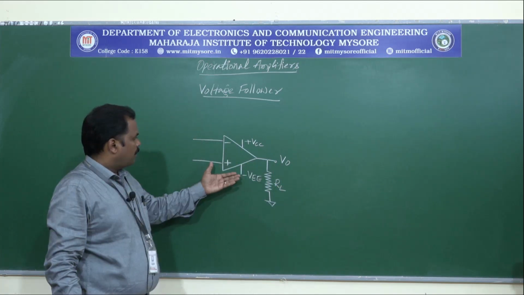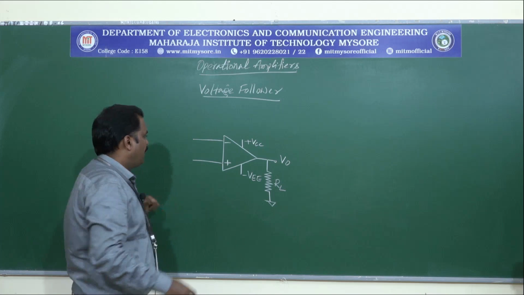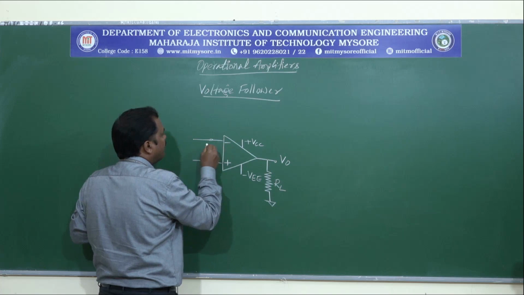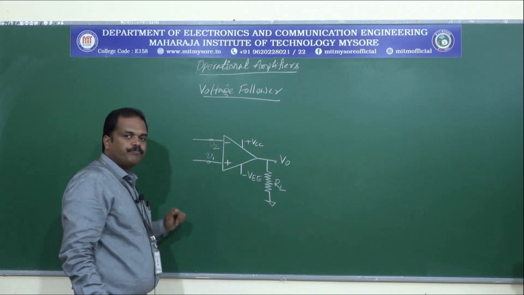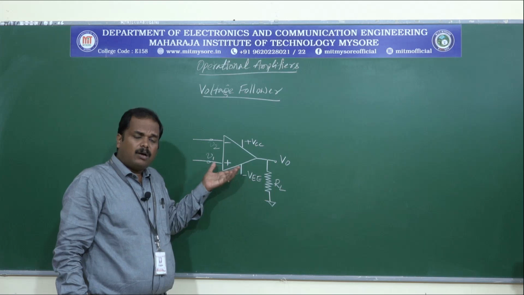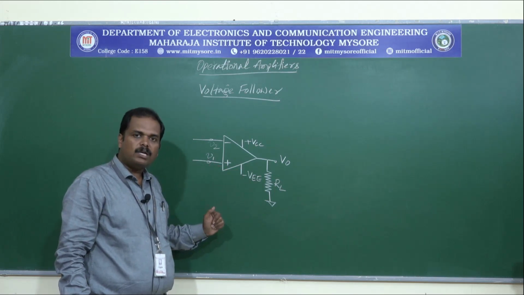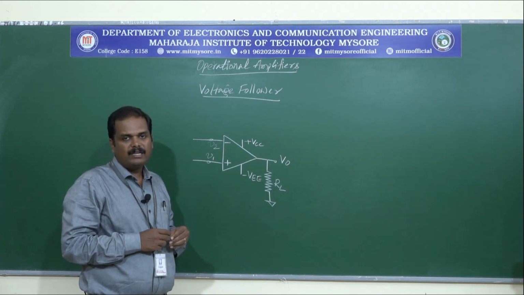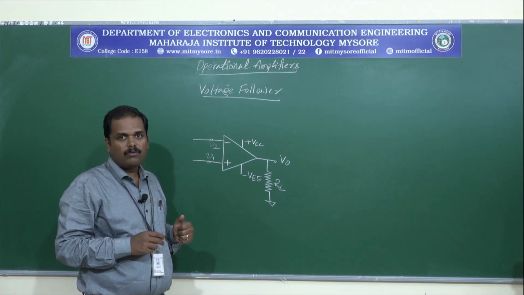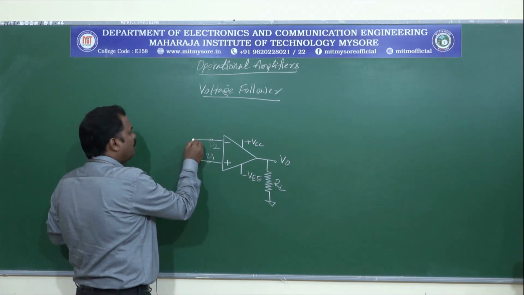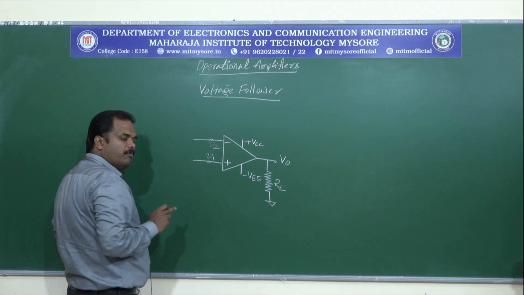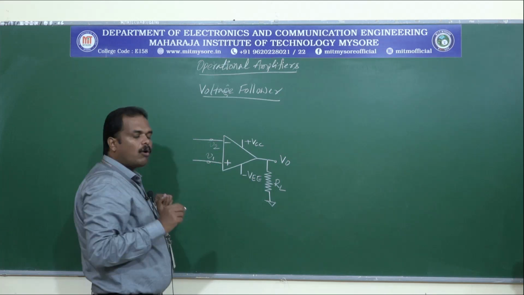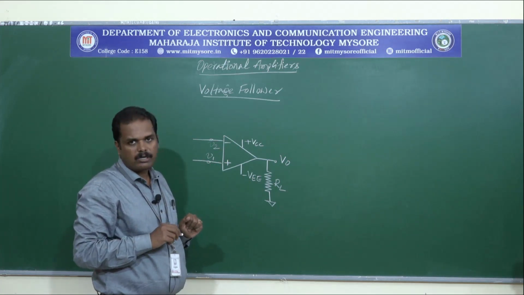So here this is the op-amp, and we have the non-inverting terminal V1 and the inverting terminal V2. But the difference here is the inverting terminal will have no input element, we will make it open circuited, and the feedback element also we will take out and make it short circuited.